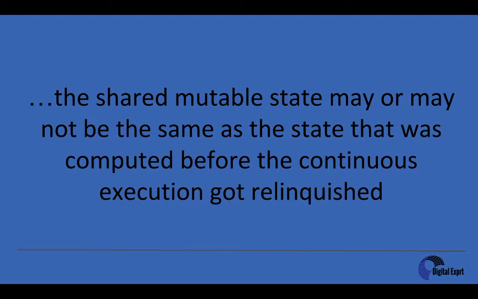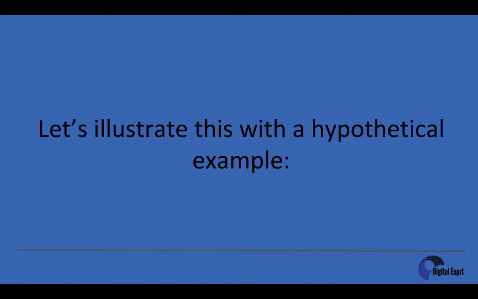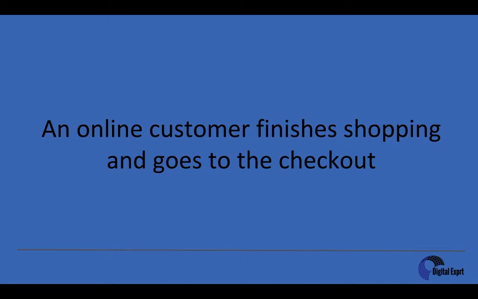So this may sound a bit theoretical, and maybe it's easier if we just walk quickly through a hypothetical example. And this is going to be very, very simplified, but hopefully will clear some of the potential questions. So let's say an online customer is doing shopping, putting items into a shopping cart, and decides to go to the checkout. So say, okay, I'm done shopping, I want to buy.